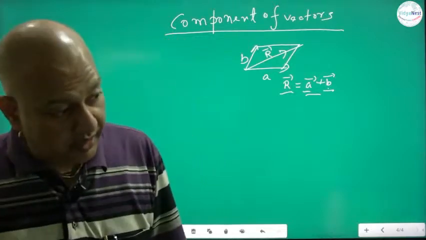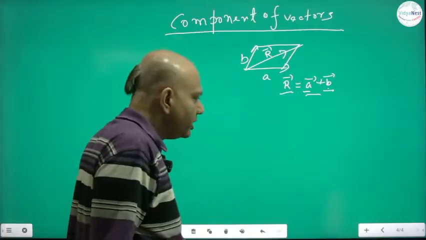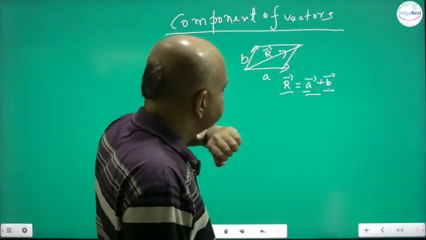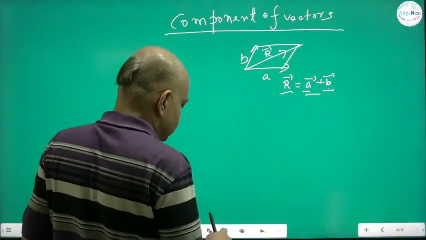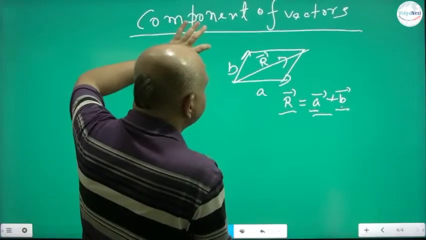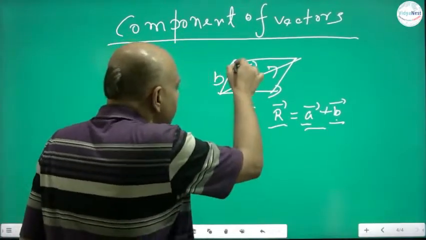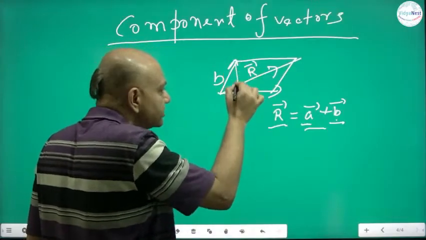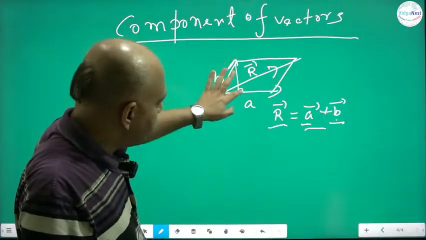Okay, now see what to do. Since I'm going to take the component of R, let me just elaborate this one. From this point I drop a perpendicular here, and from this point I drop a perpendicular here.